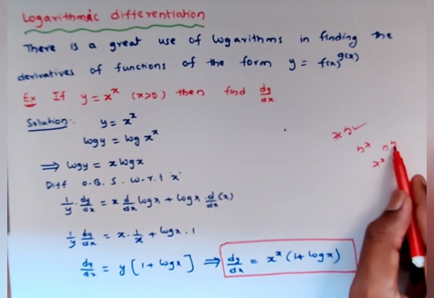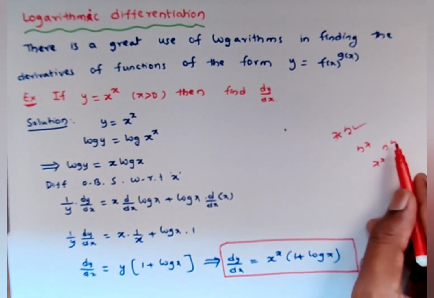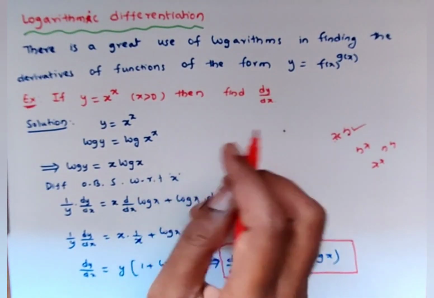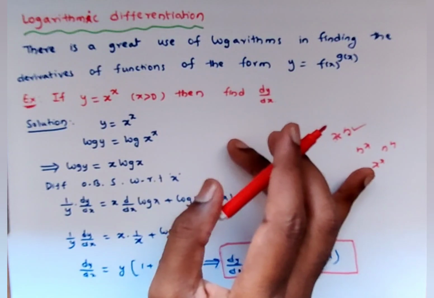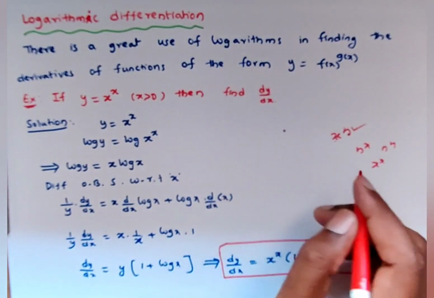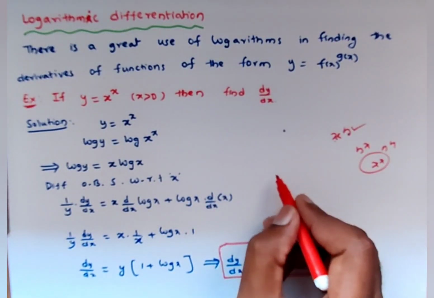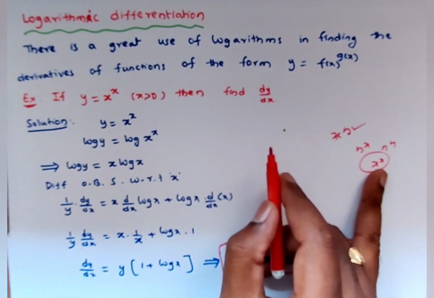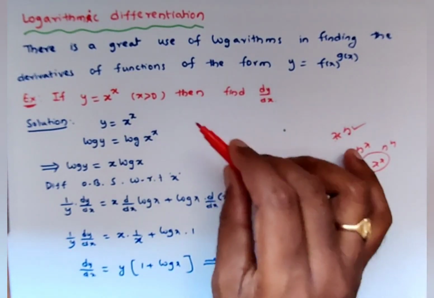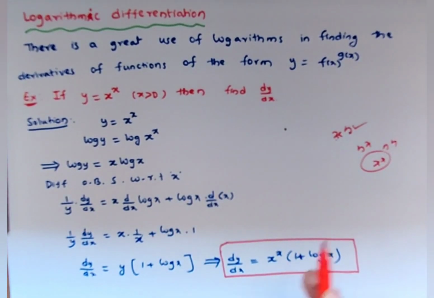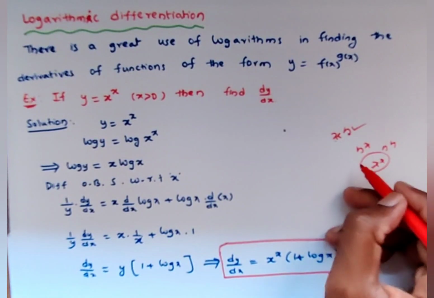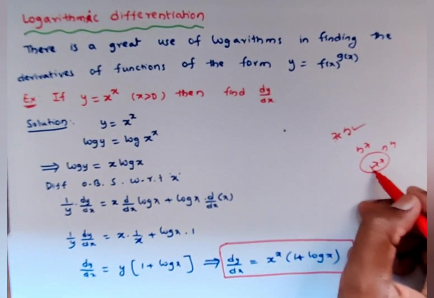For n to the power of n, both base and power are constant, so the derivative of that constant is always 0. For x to the power of x, both base and power are variable, so we need to apply logarithmic differentiation. So don't apply the power rule or the a to the power of x formula for this.